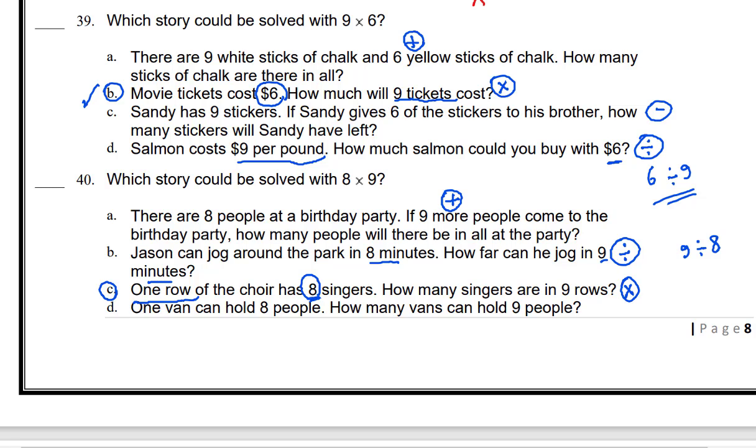D. One van could hold 8 people. How many vans could hold 9 people? Okay, I will help you. This is like letter B. This is division also. Because let me tell you that we need to hold 16 people. So you will say that we need 2 vans.